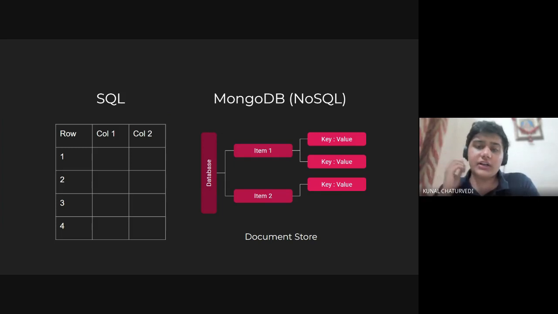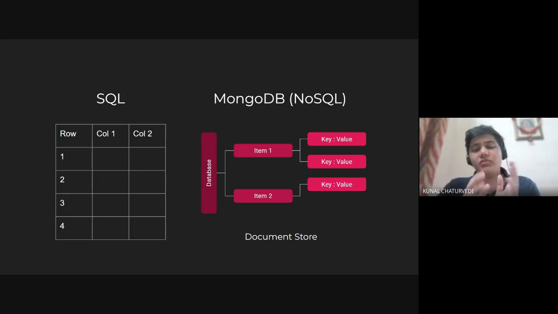So how are these databases structured? Now, mind you, there are very many other platforms, or databases, which store information very similarly to MongoDB. So you might switch to other databases and they might feel very similar.